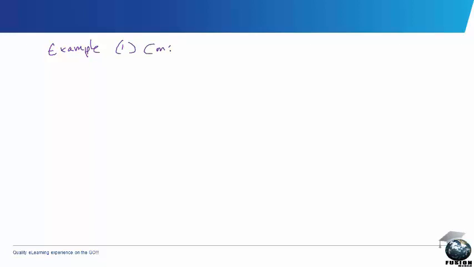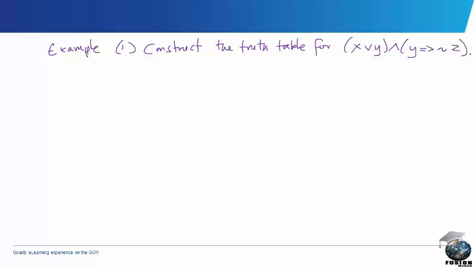It says construct the truth table for x or y, where the inverted v means and, and y implies the negation of z. We can solve this, but look at what you have to note.